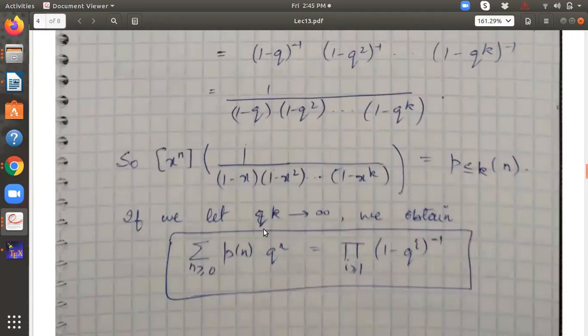So when you let k tend to infinity, then you are actually counting all the partitions rather than just saying partitions with at most k parts. You're counting all the partitions of n, and that turns out to be the product of these many rational functions.